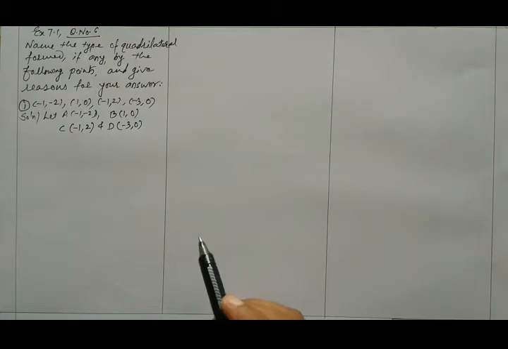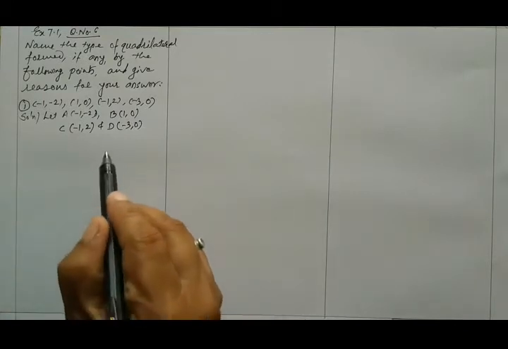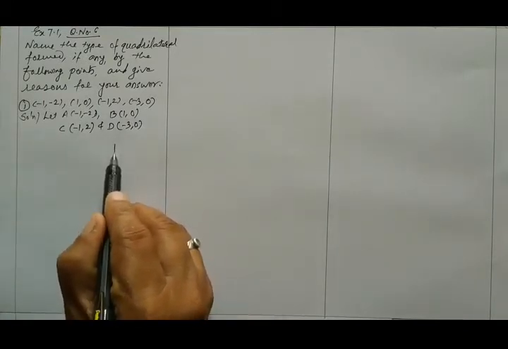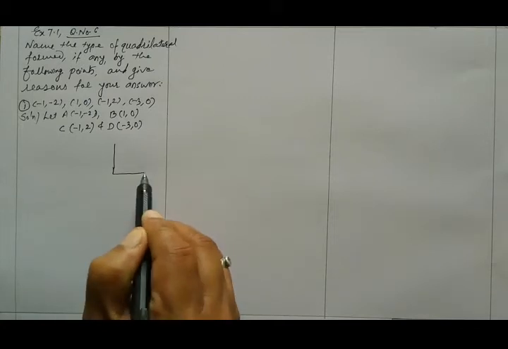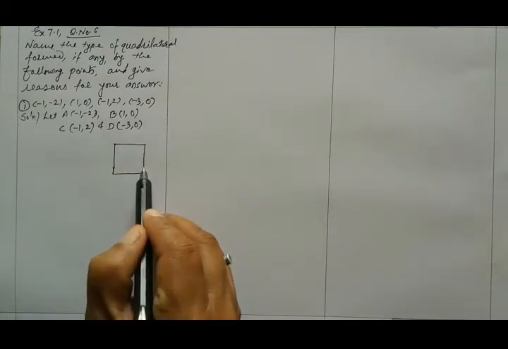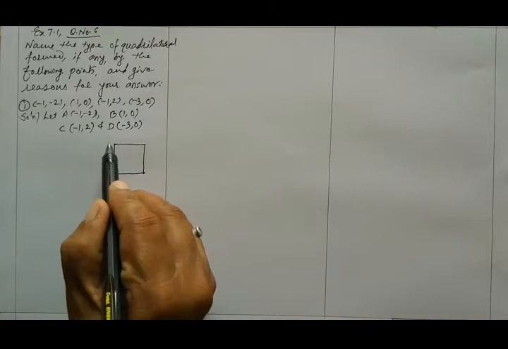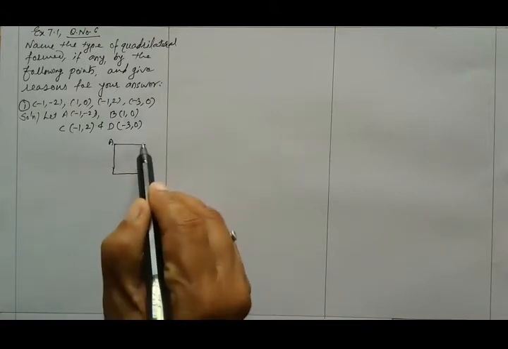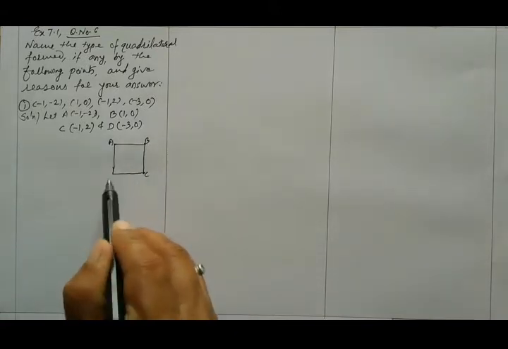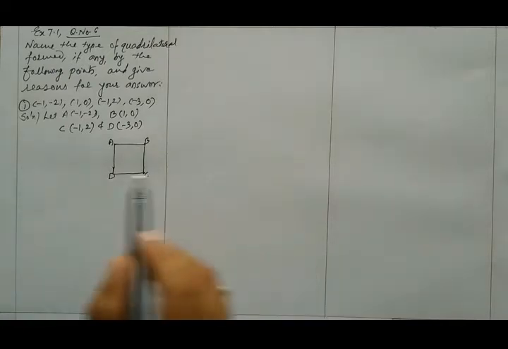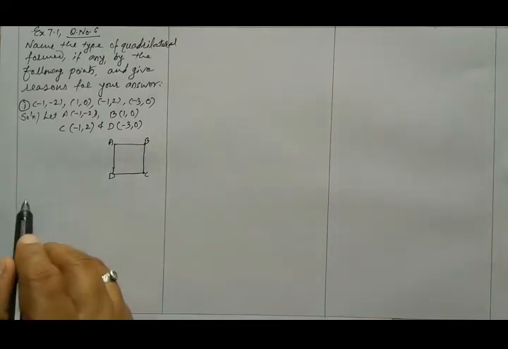Now for the quadrilateral, we will draw one rough figure for our understanding. Generally this is our rough figure. You can call this ABCD. Now you calculate AB.